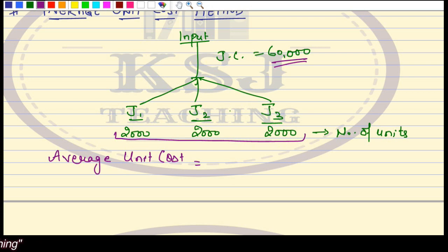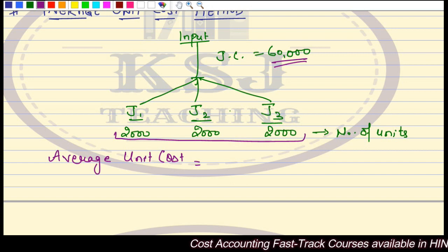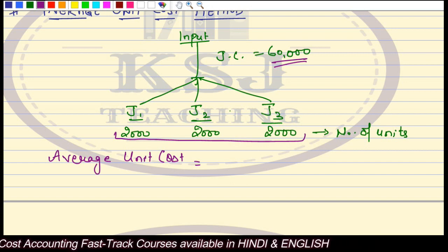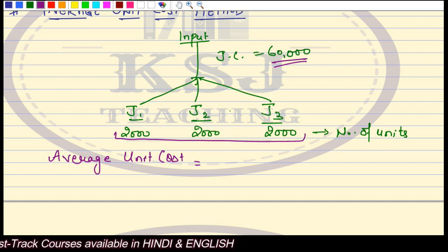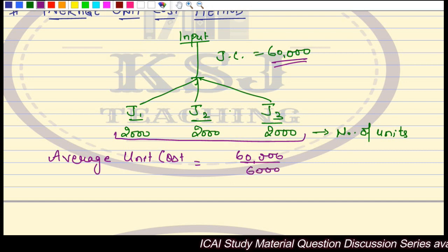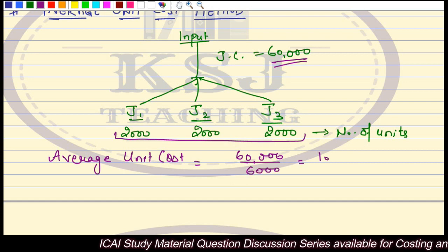So on average, what is the cost for one unit? Average cost will be 60,000 divided by 6,000, which gives me 10 rupees.